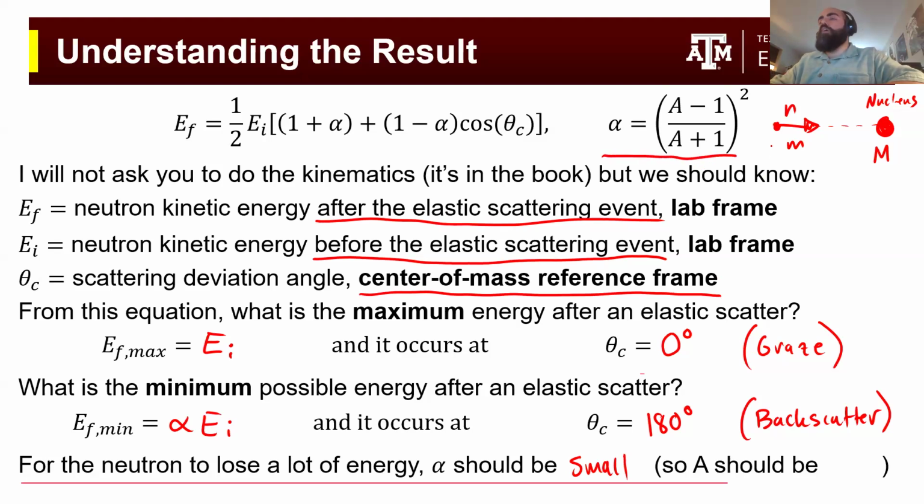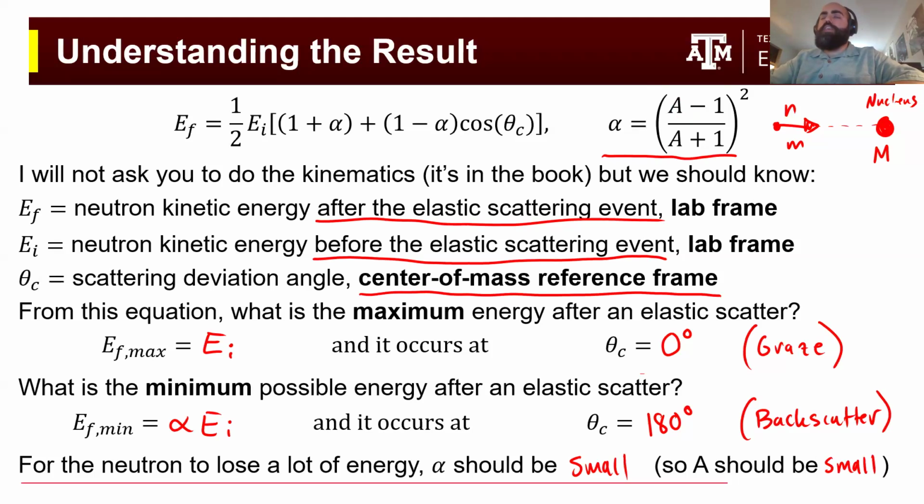So for alpha to be small, what has to be true about the capital A, which we can think of as the atomic mass? It means that the atomic mass should also be small, right? Like if A for hydrogen is about 1, then alpha is 0. And if A is 2, then we have 1 over 3 squared. So you have 1/9. So the smaller the value of A, the smaller the value of alpha. So big A should be small.